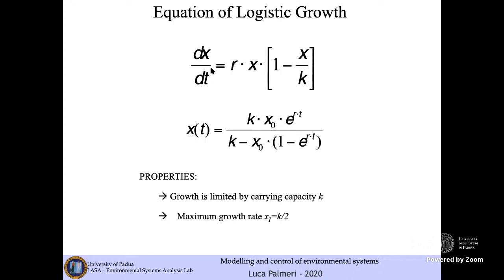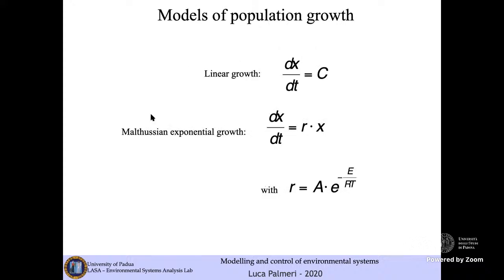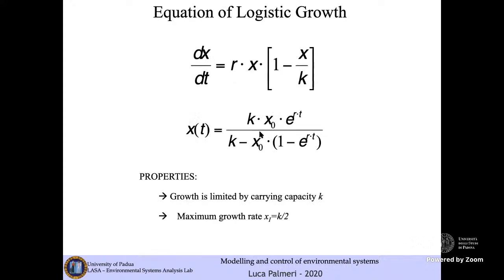This is the equation of the logistic growth. We have simply translated this Malthusian exponential growth by including the negative limiting effect of the carrying capacity. I recall you K is the carrying capacity of the system.